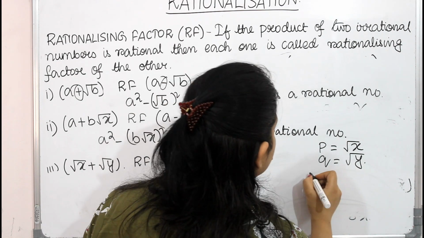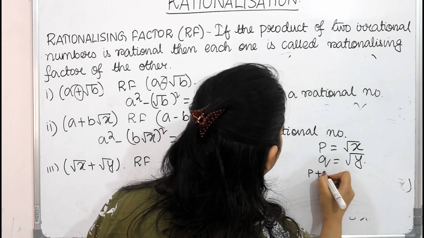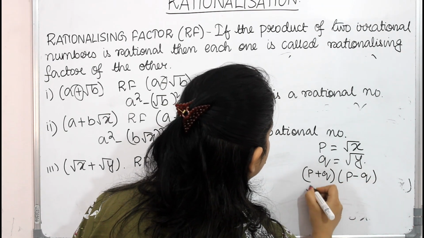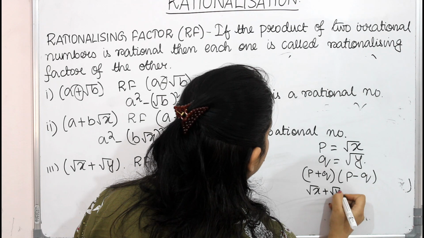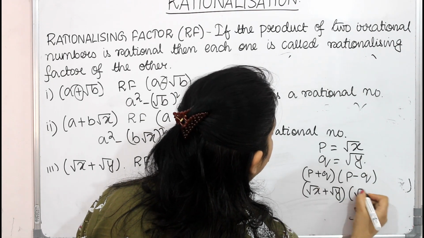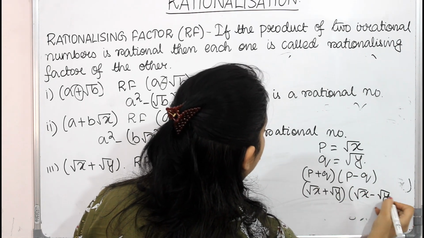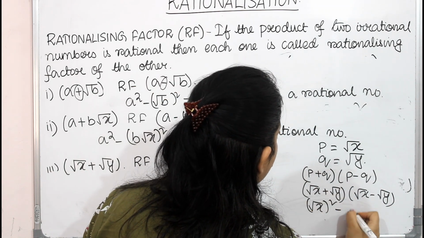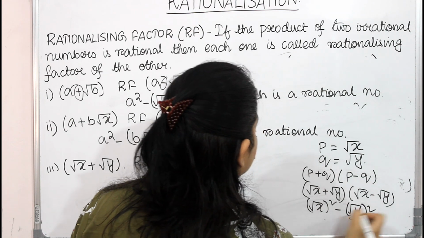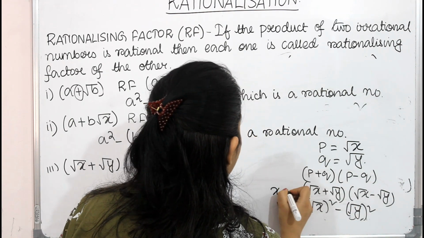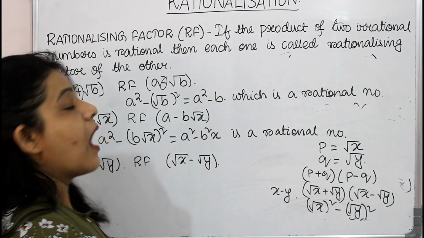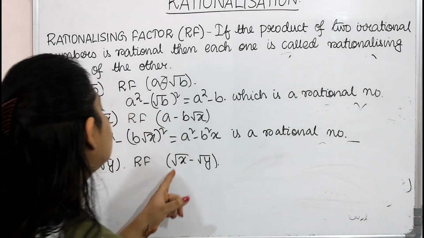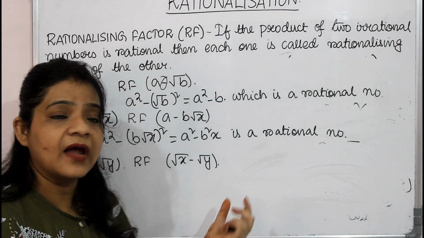So p plus q into p minus q, we can write it as root over x plus root over y into root over x minus root over y. So root over x whole square minus root over y whole square, so you are getting x minus y as the answer. Okay, so here the rationalizing factor, obviously, is root over x minus root over y.